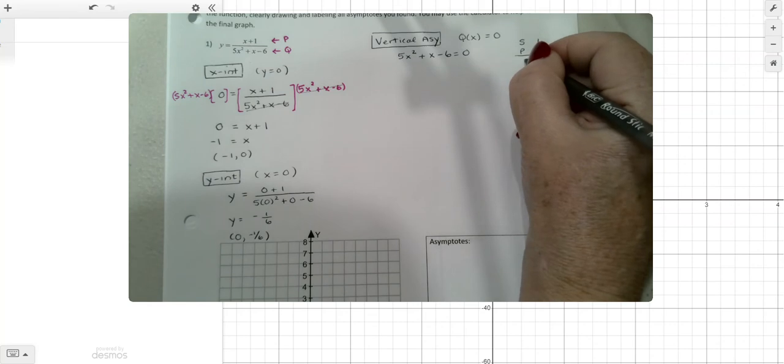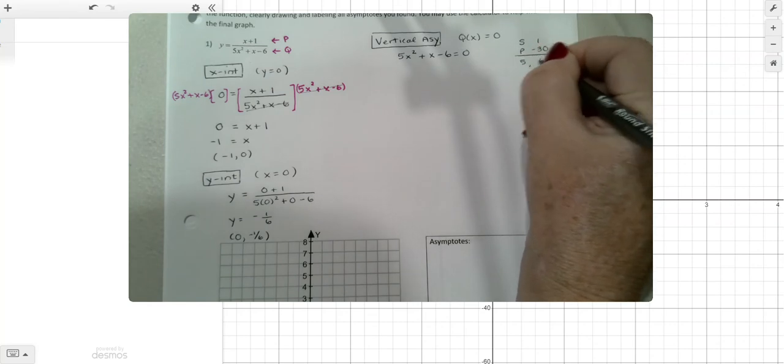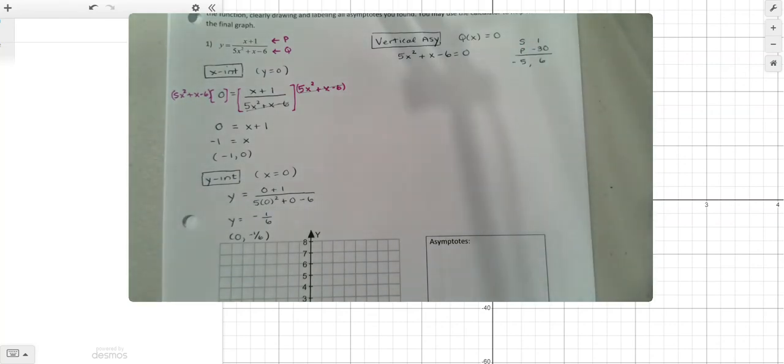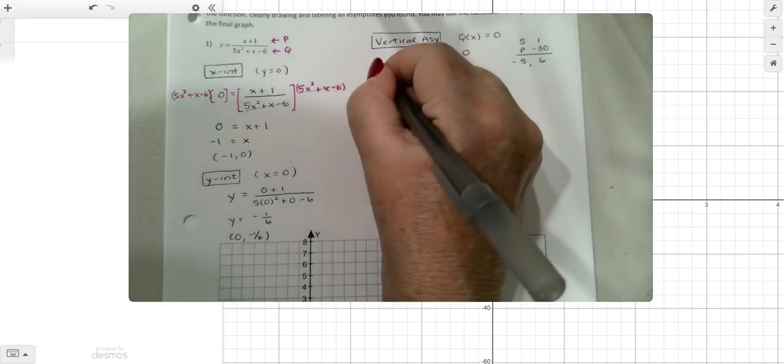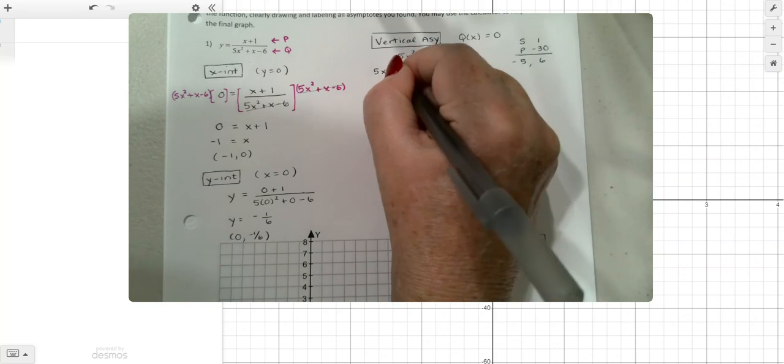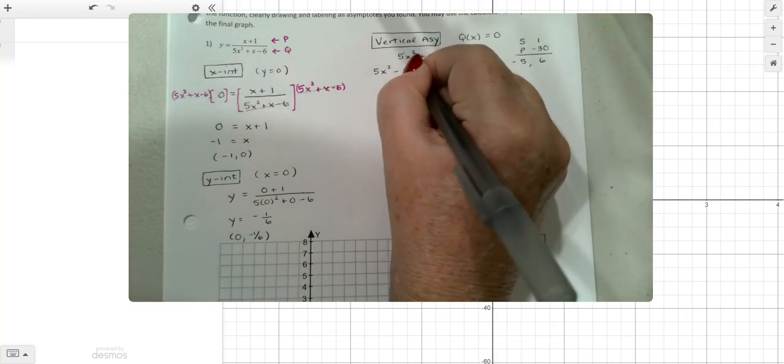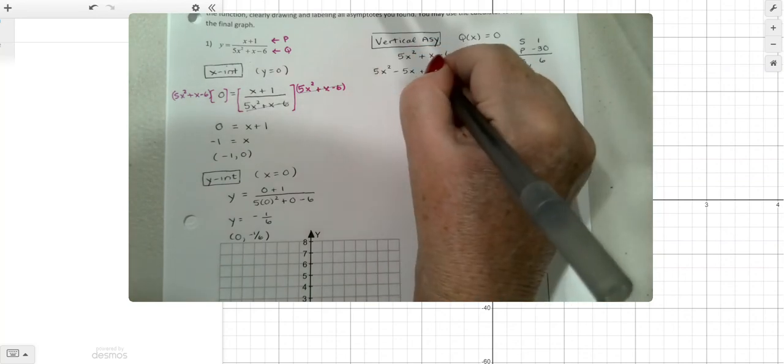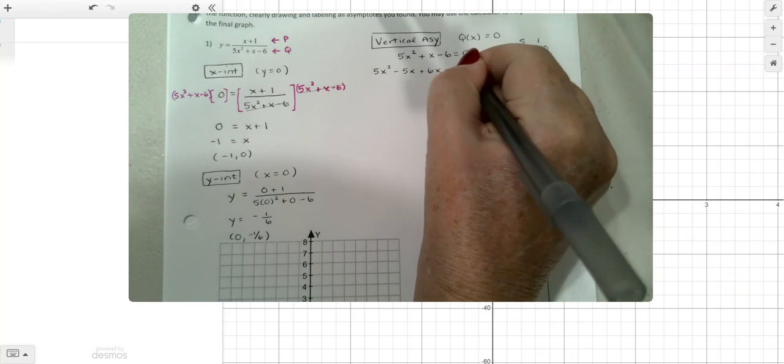So let's see, 5 and 6, and we'll let that 5 be negative. That should do it. So I'm going to rewrite this as 5x squared minus 5x plus 6x minus 6.